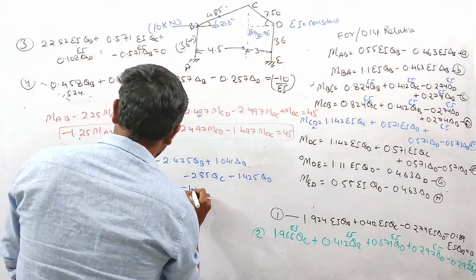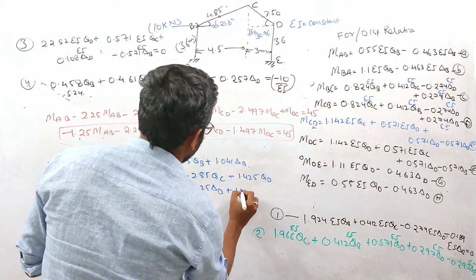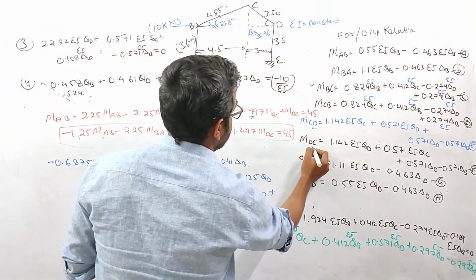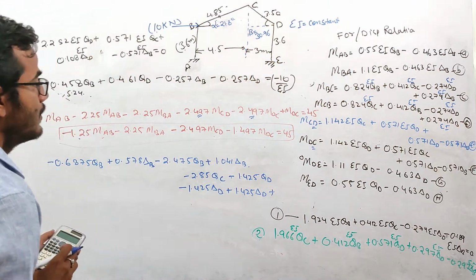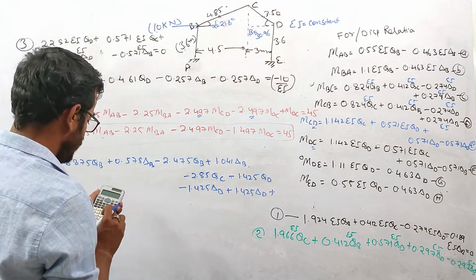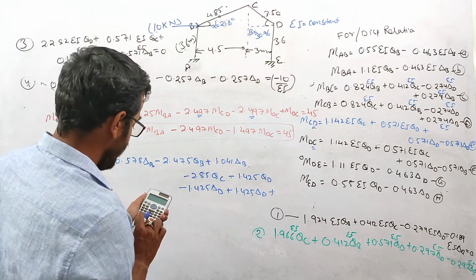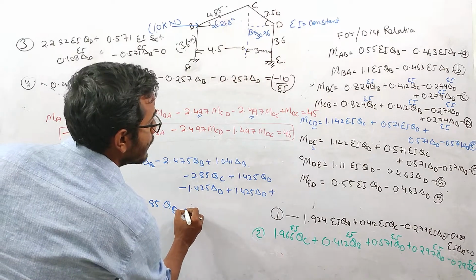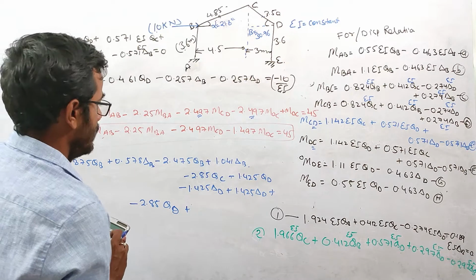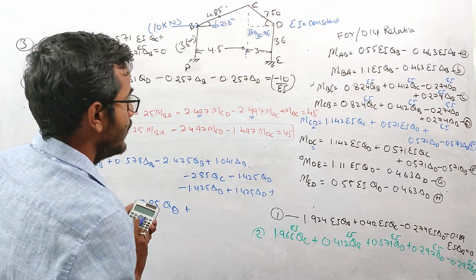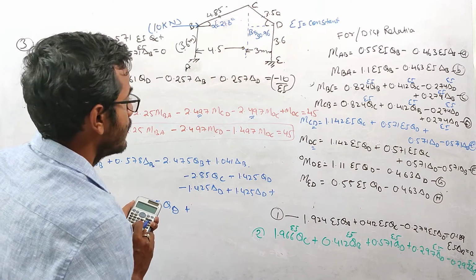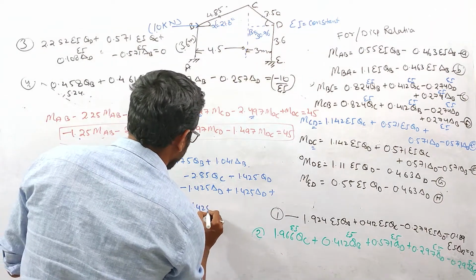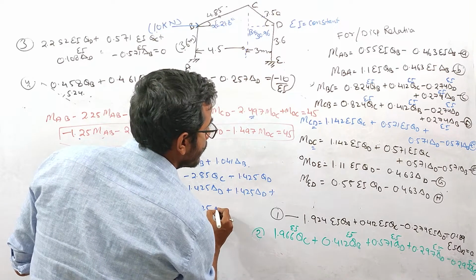So this is minus 1.425 delta D. This is plus 1.425 delta D. Okay. Again, I multiply this coefficient by this equation, right? So this is minus 2.497 into 1.142. So this is minus 2.85 theta D plus 0.571 into minus 2.497. So this is minus 1.425 theta C.